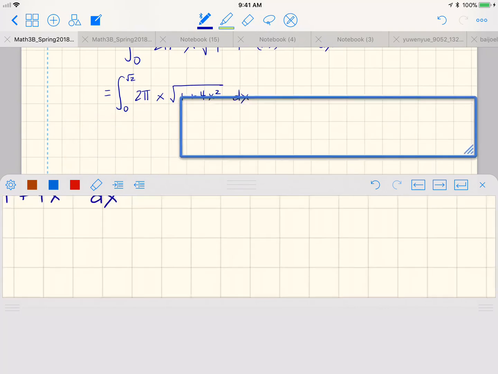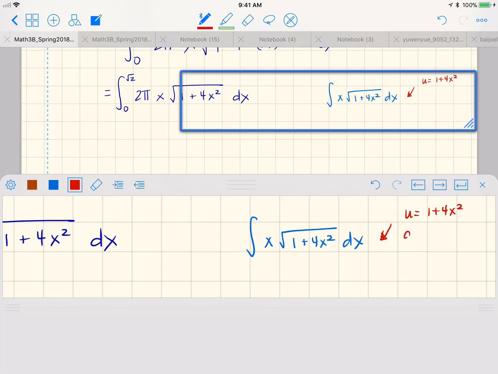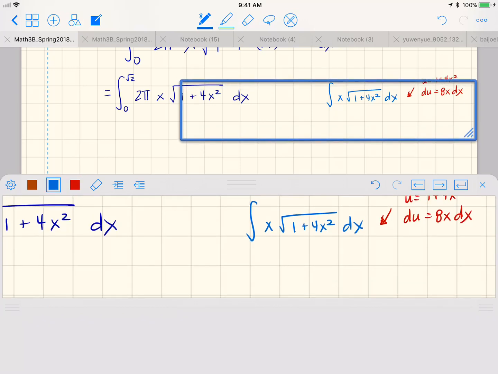Now let's go over here to the right-hand side and see if we can evaluate the integral of x times the square root of 1 plus 4x squared dx. I'm going to do a u substitution. I'm going to let u equal 1 plus 4x squared, and then du is equal to 8x dx. So I can rewrite this integral as 1/8 times the integral of square root of u du.